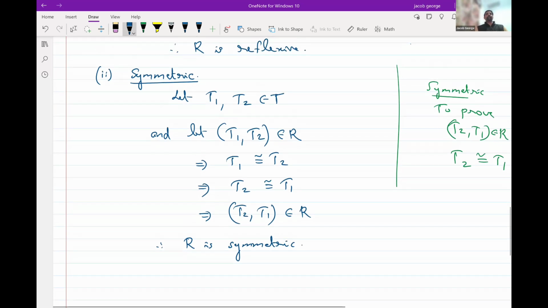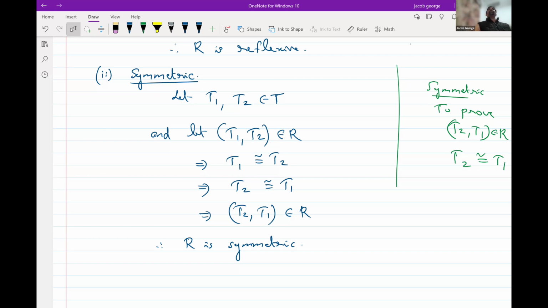Yes, please write symmetric. We can start symmetric like this. Let T1, T2 element of capital T, and let ordered pair (T1, T2) element of capital R, which means T1 is congruent to T2.